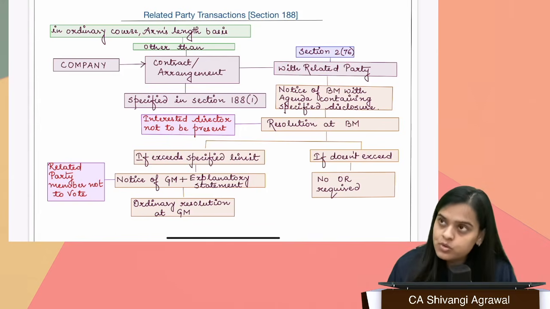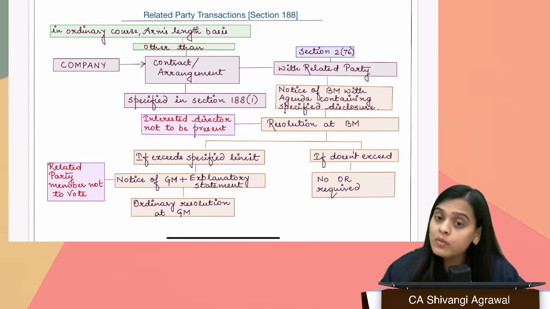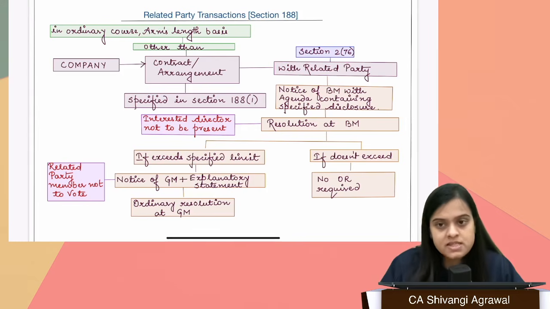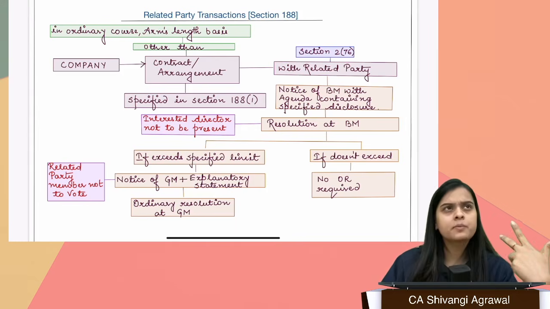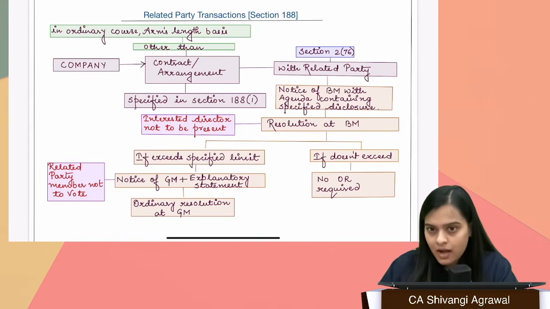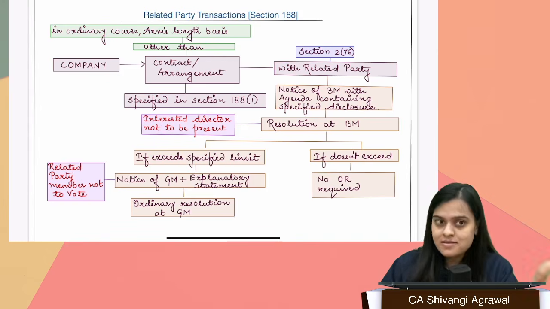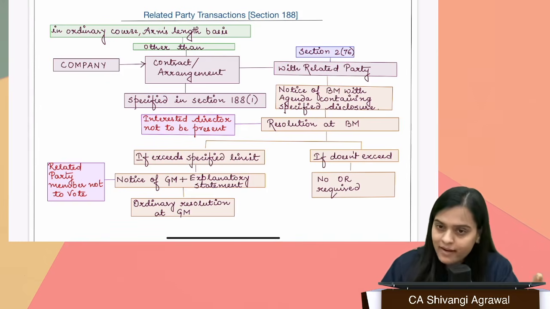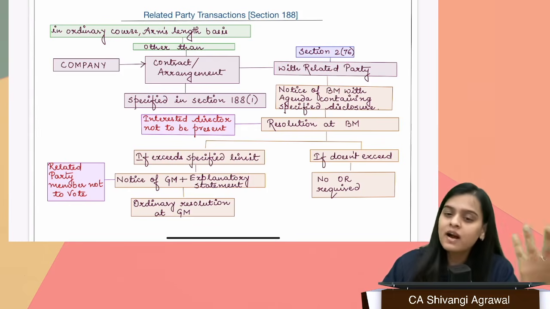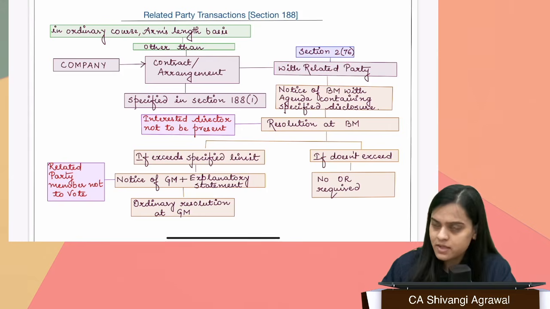How do you call the board meeting? By sending notice. Along with this notice, the agenda will be sent, which will clearly specify what is the related party, the nature of relationship, the terms of contract, the price, any advance received or advance paid, how you arrived at the commercials, whether all factors have been considered or not, etc.